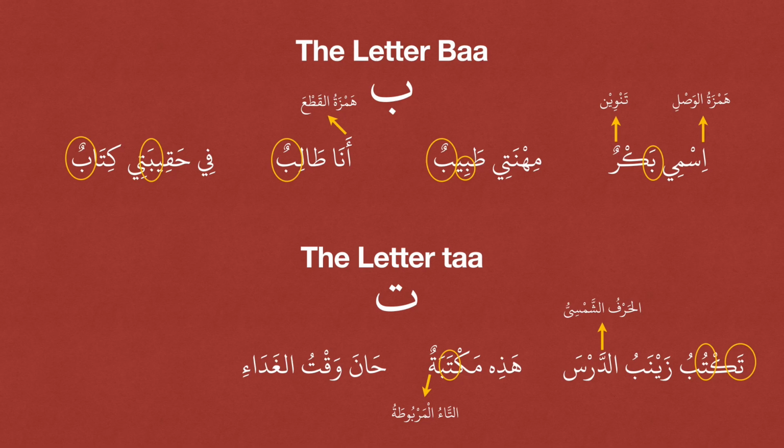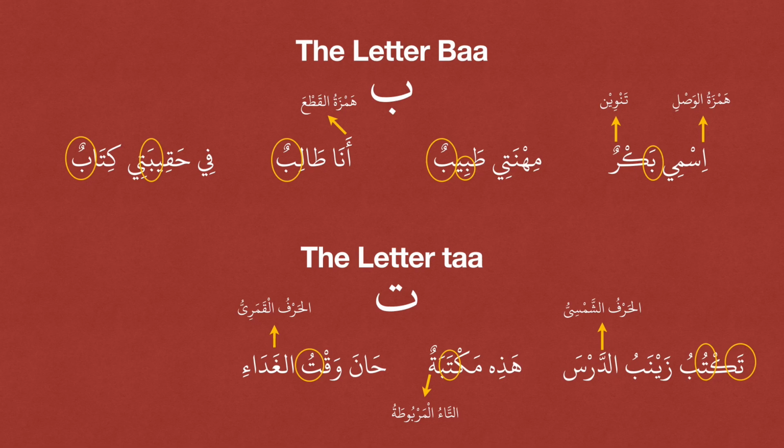In this sentence, we have the letter Ta here. And in the word al-ghada, we have al prefixed to ghain, which is a lunar letter. We have already learned that no assimilation takes place in lunar letters.